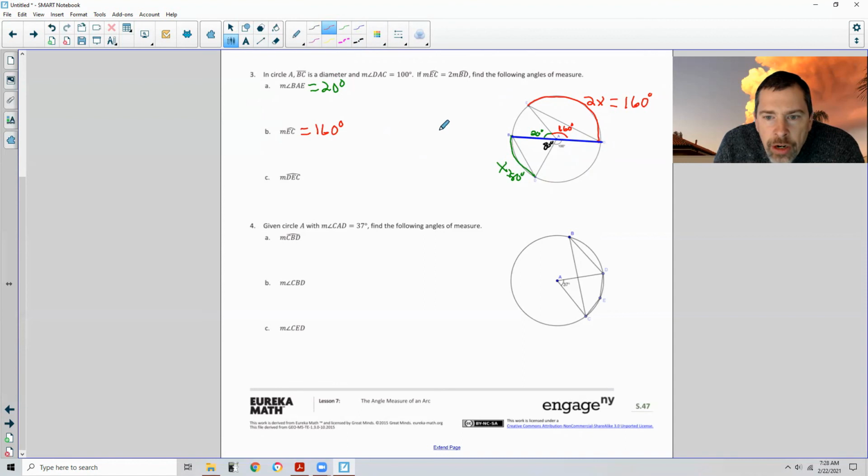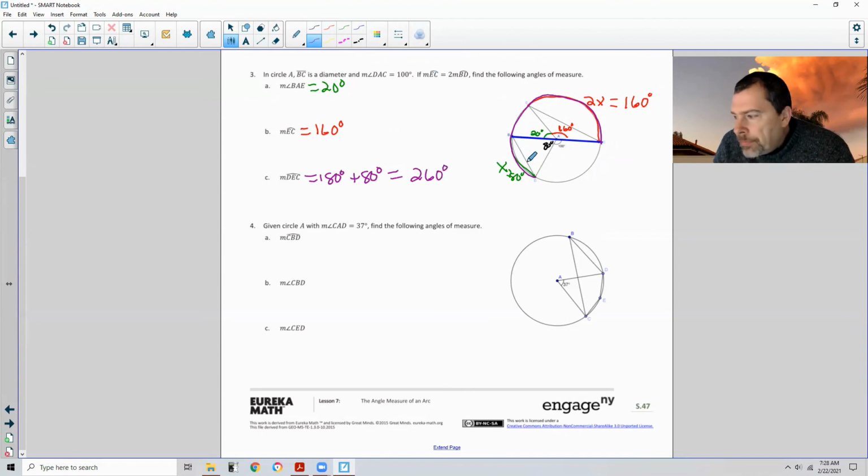And the measure of major arc DEC, which would be, let's use purple, D all the way to B and continuing to C. Well, this is 180 and this is 80. So that equals 180 degrees plus 80 degrees or 260 degrees.